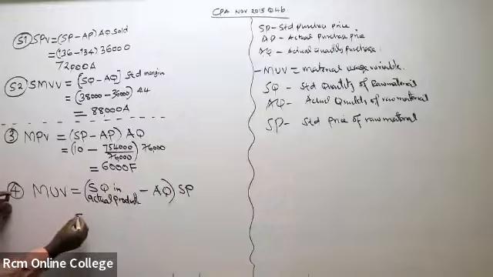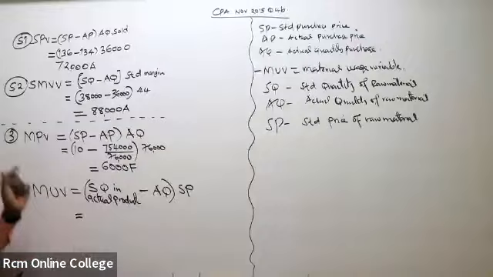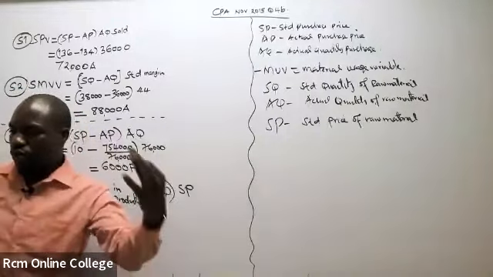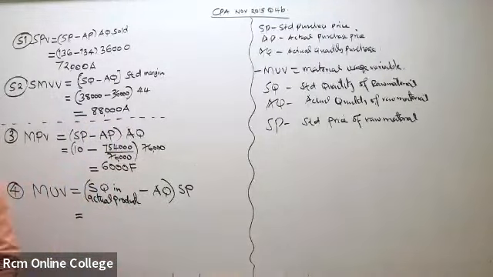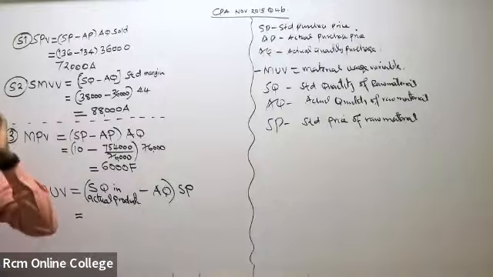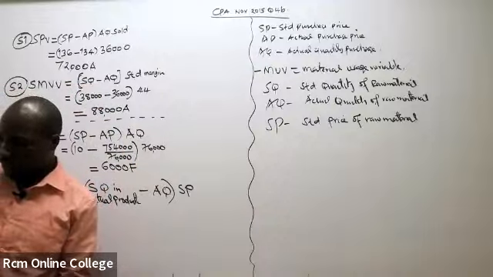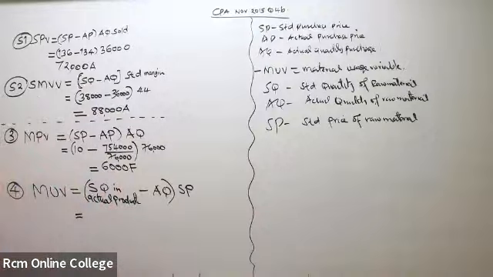As per the budget, what was the standard quantity of raw material per unit of product Q? It was 2 kgs, right?